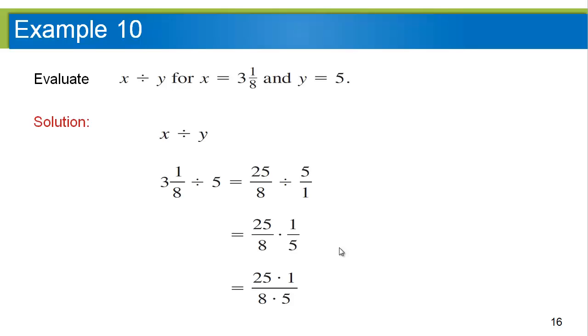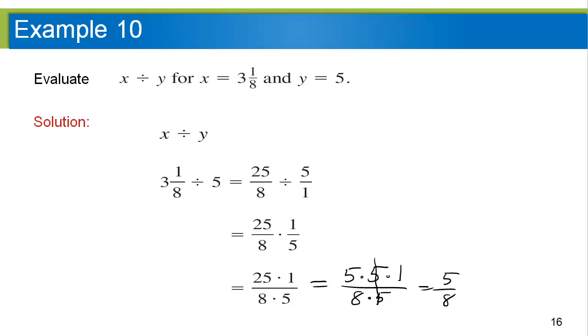Or if you want to save yourself some time, you can factor out the top, because you notice that 25 has a 5 in it. This is really 5 times 5 times 1 all over 8 times 5, and then you can cancel the two 5s, and your answer is just 5/8.